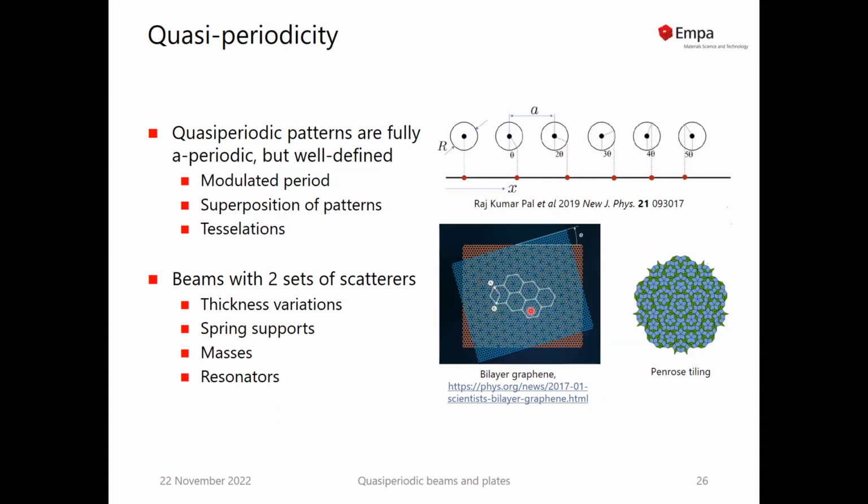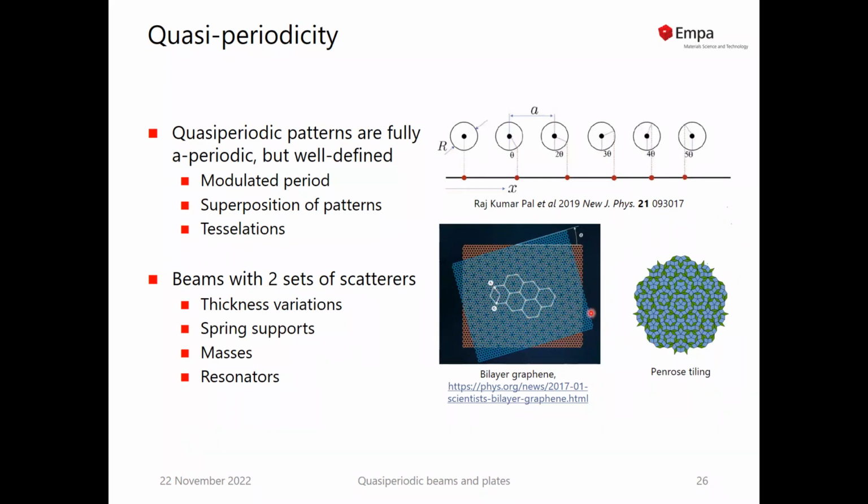You can also take the example of 2 graphene layers and tilt one layer with respect to the other. In the case of incommensurate angles, so if the tangent of the angle is an irrational number, then in the end you end up with quasiperiodic, aperiodic globally, but quasiperiodic patterns.